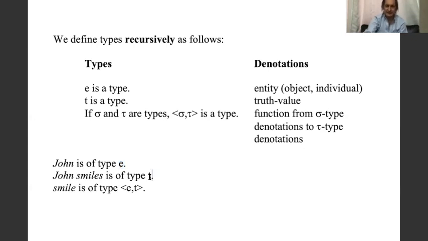Truth value means type T. And finally, smile is a function that takes an individual, like John, and gives back a truth value, like the truth value of John smiles. It's a function that takes an individual and gives back a truth value. Its type is E, comma, T. I usually don't read the comma, so we call this type ET.